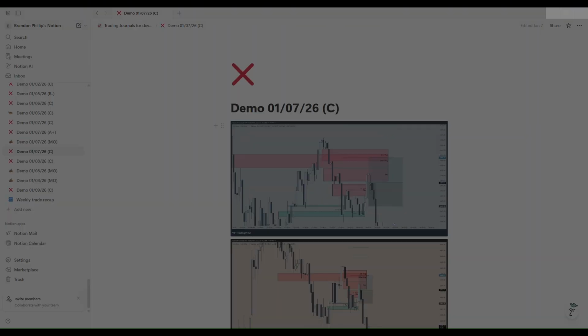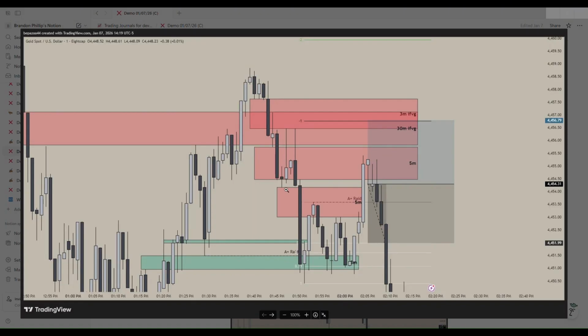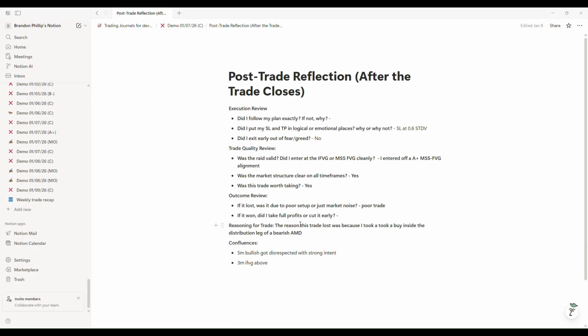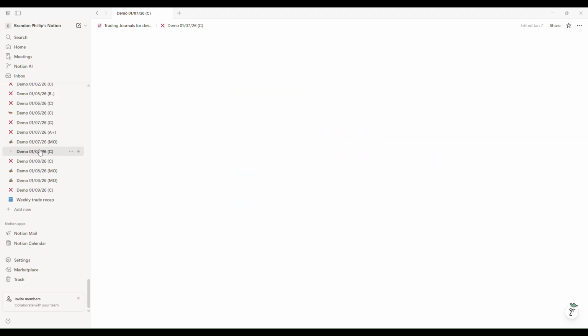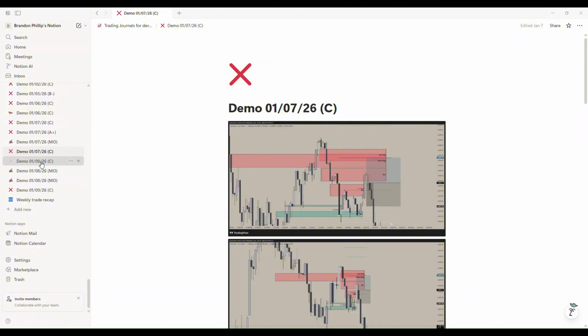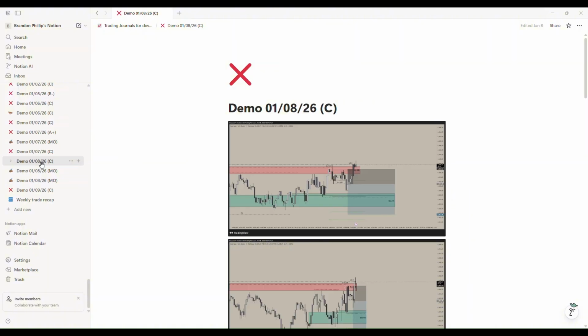This one, I'm pretty sure we also traded in a distribution leg of a bearish AMD. I'm gonna take a buy. The same thing with this one.